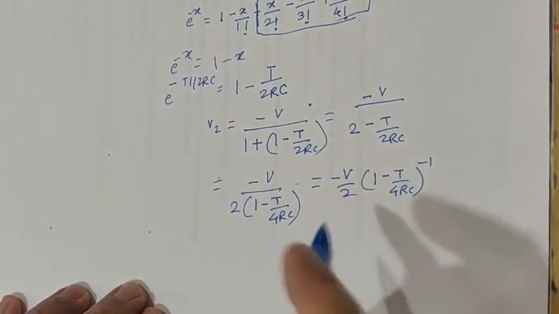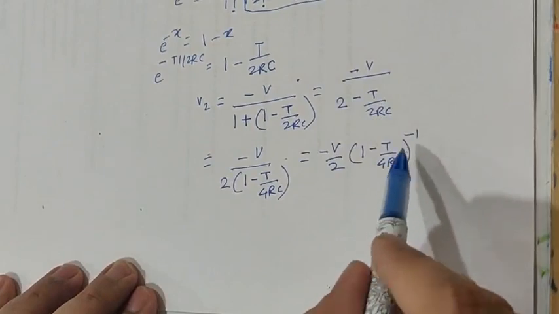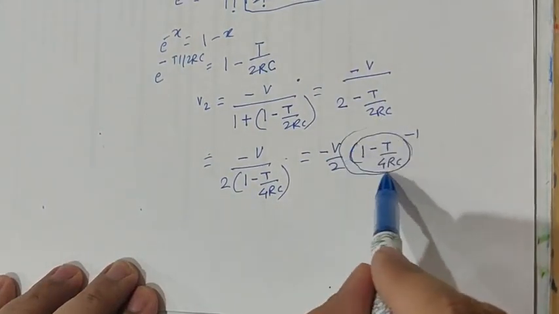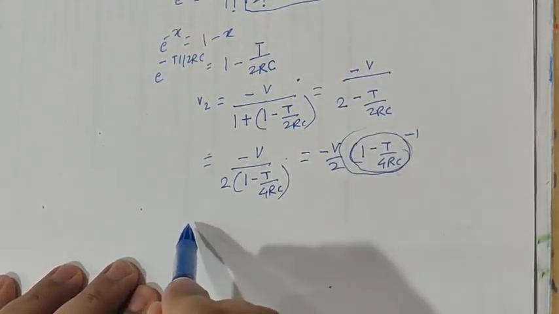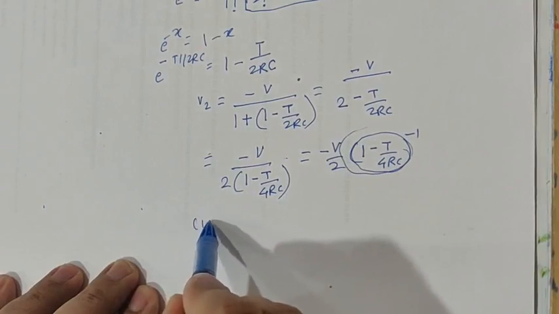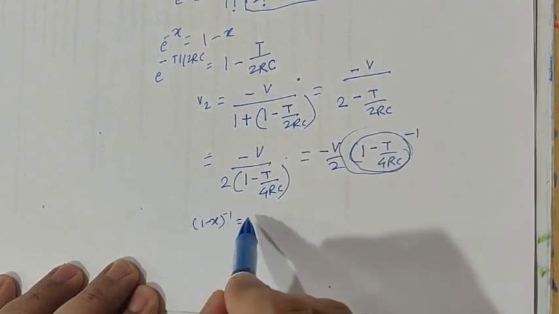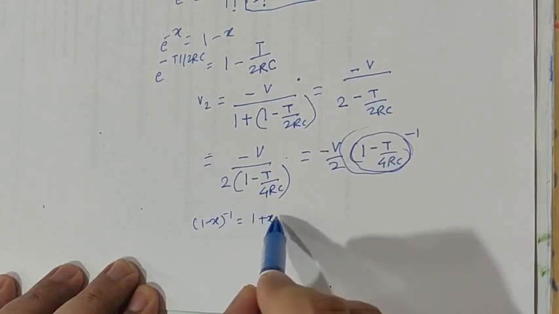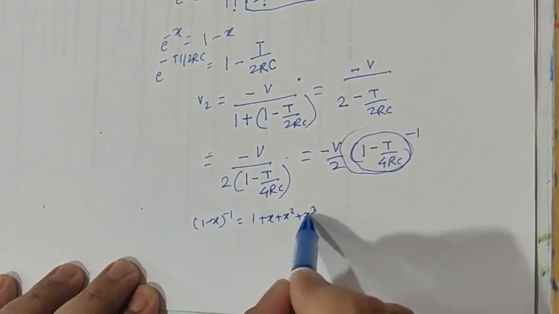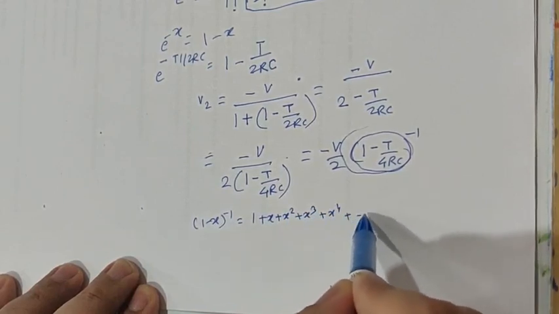This is the term that I can relate to, only this much term. This term is similar to 1 minus x inverse, that can be written as 1 plus x plus x square plus x cube plus x to the power 4 and so on.